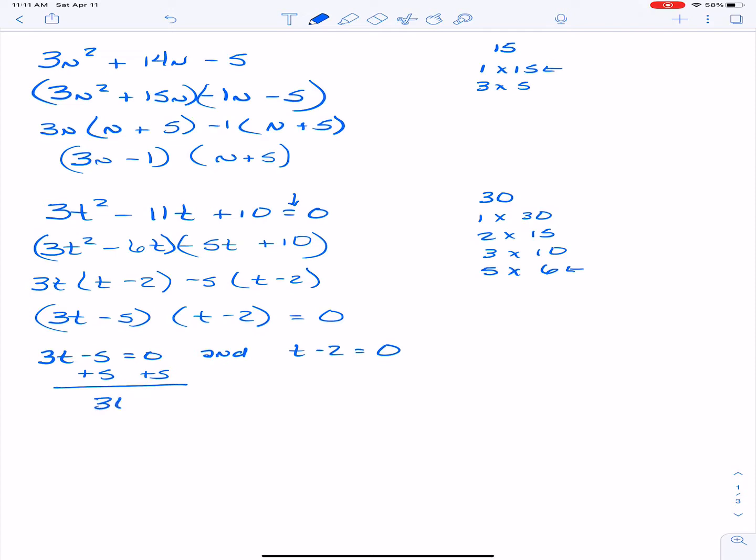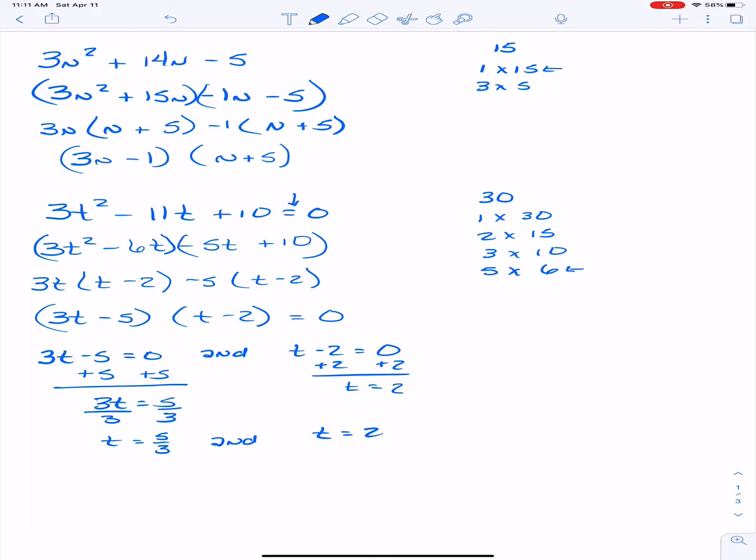So 3t is equal to 5. We divide by 3. And so t is equal to 5/3. And we add 2 to both sides. So t is equal to 2. Okay, so our roots or our solution for this equation is 5/3 and 2.